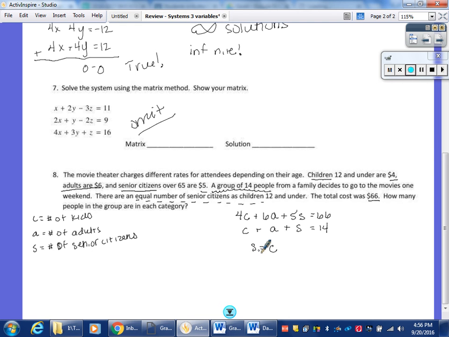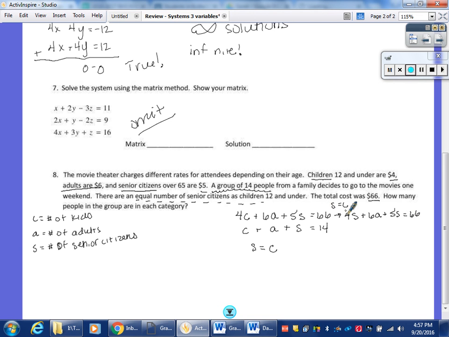And what you can do with this, guys, is take these two equations and make them each into a two-variable equation. So I'm going to plug in S instead of the C's. I know that the number of C's and the number of S's are the same. Because S equals C, that makes this equation 4S plus 6A plus 5S equal to 66.